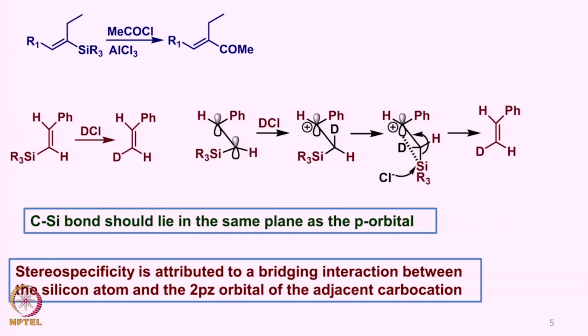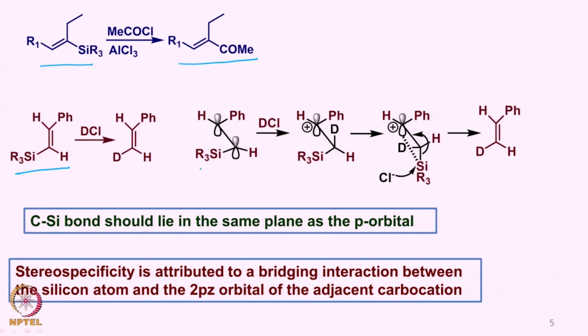Now let us look at some examples where we can see this happening. If the R1 group and the silicon are trans to each other, then we also get R1 and the electrophile in a trans fashion. Now if we take a double bond where silicon and the phenyl group are trans to each other and add deuterium chloride to it, we expect the deuterium to attack from the top side.